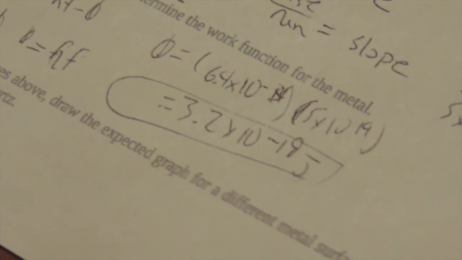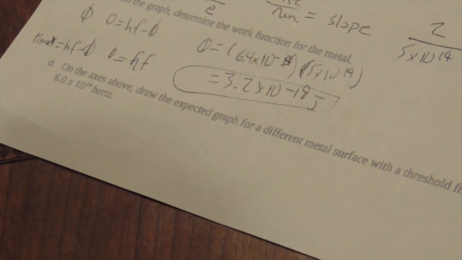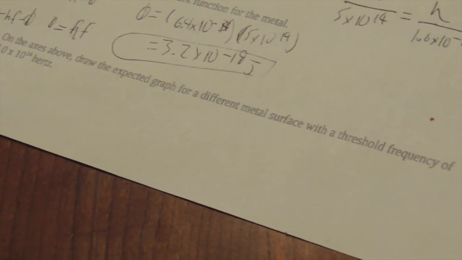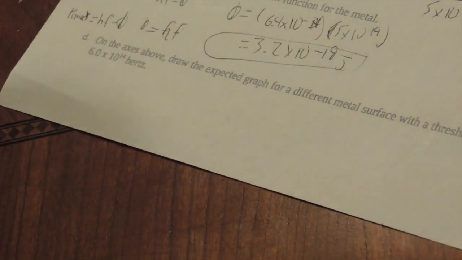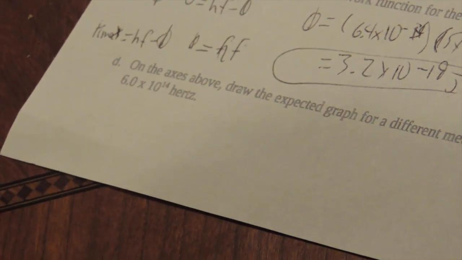And then this one is on the axes above. Draw the expected graph for a different metal surface with a threshold frequency of 6.0 times 10 to the 14th hertz. So, this is basically just the same slope, but it starts at 6.